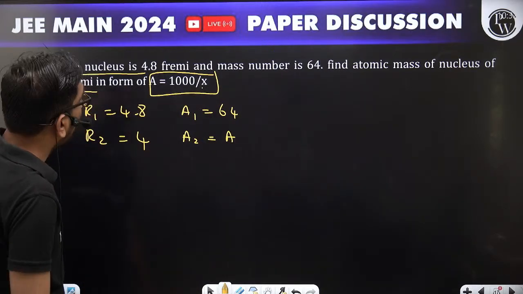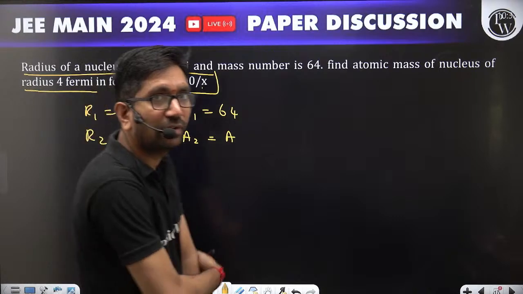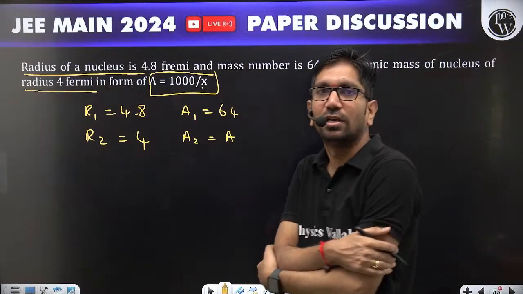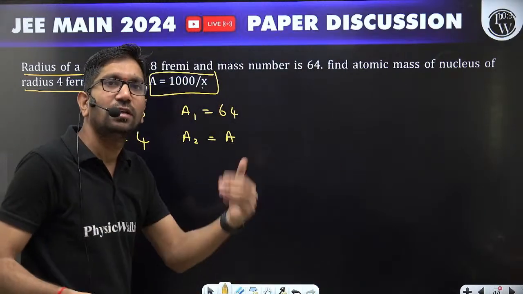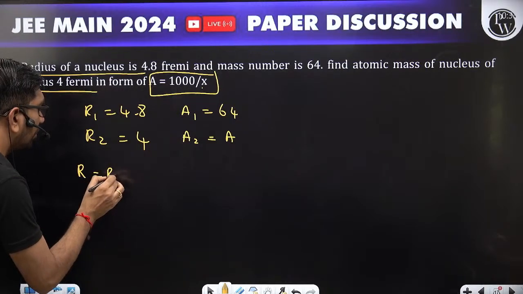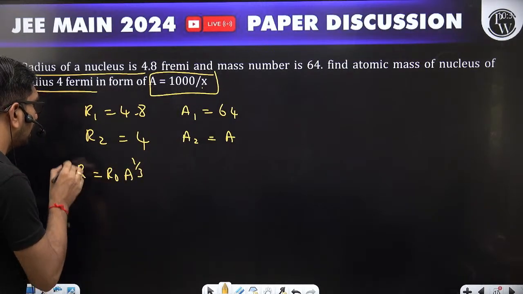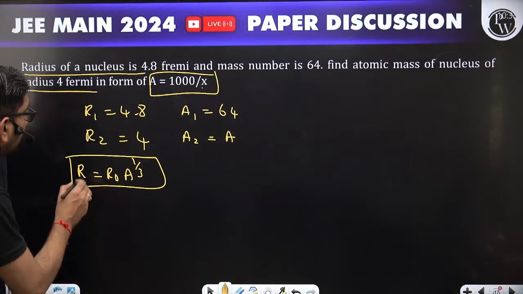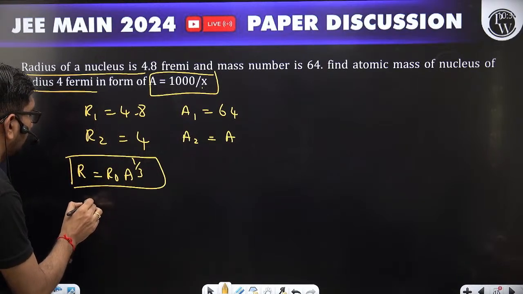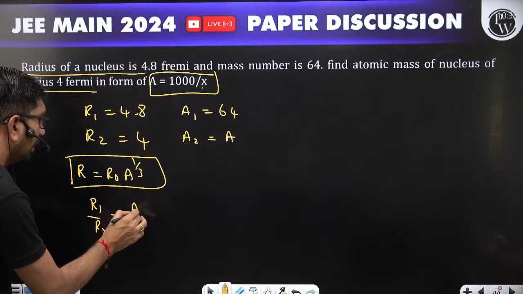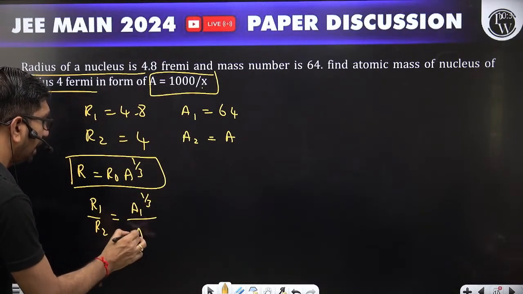As everyone knows, in the nuclei chapter you got the relationship between the radius of the nuclei and the mass number: R is equal to R naught A power 1 by 3. Correct. So here R1 by R2 is equal to A1 power 1 by 3 by A2 power 1 by 3.